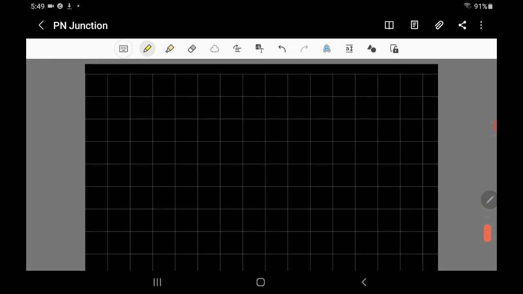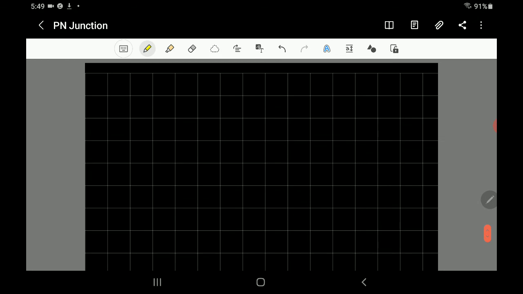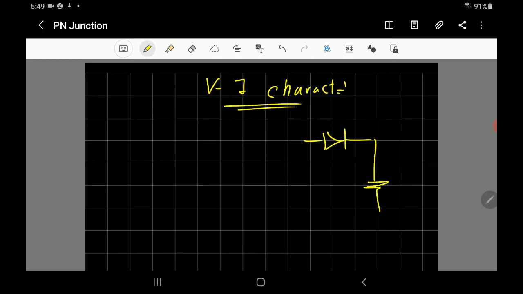If you want to look at the characteristic, let's explain how to find the voltage-current characteristic of the diode. How will we do this? Let's test the forward bias. We'll get the diode and a resistance to limit the current, and connect it in forward bias, and we're going to change the voltage.